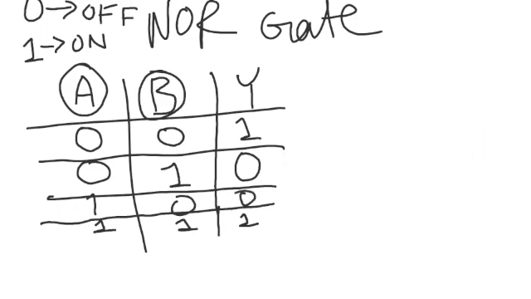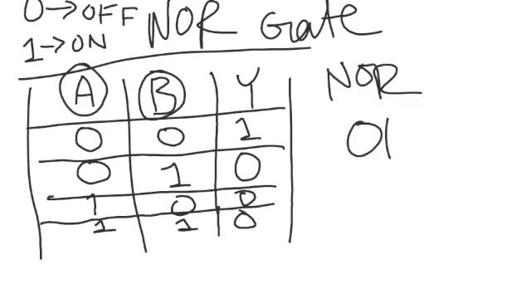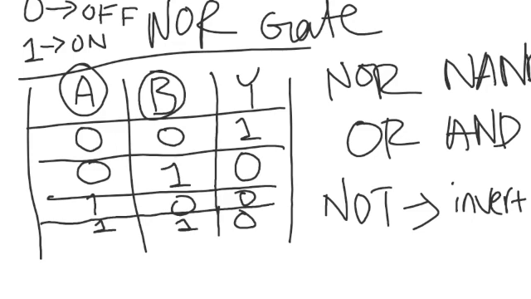This is how it works. It's very easy to remember. The NOR gate is the opposite of the OR gate. The NAND gate is the opposite of the AND gate. That makes it easy. The NOT gate is an inverter and it has only one input and one output.